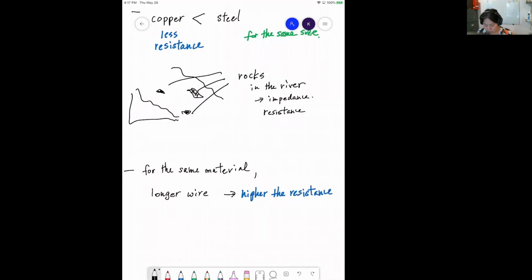And also wider. How about when you have it wider? When you have it wider, that means you have more options to pass through. The density of the rocks, the impedance, is about the same, but there are more options to go. So the wider the wire, the lower the resistance.